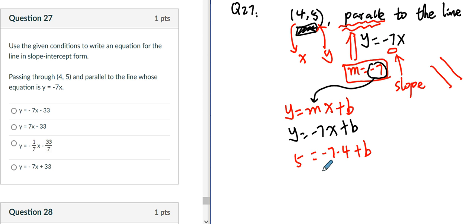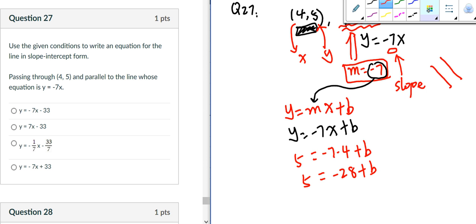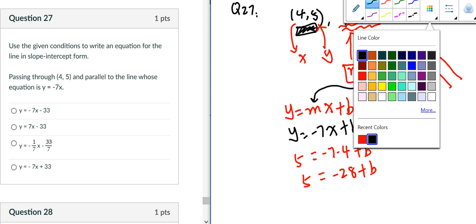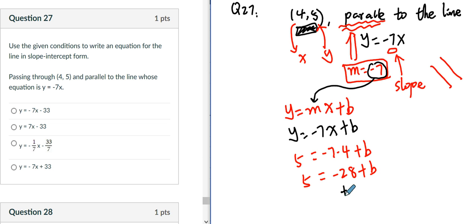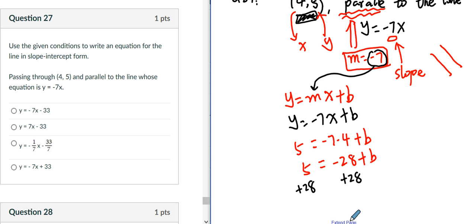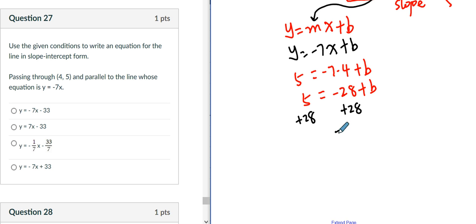So we have negative 28 plus b is 5. 4 times 7 is negative 28. So then we add 28 on both sides, and we shall have b alone, and the right-hand side is 33.